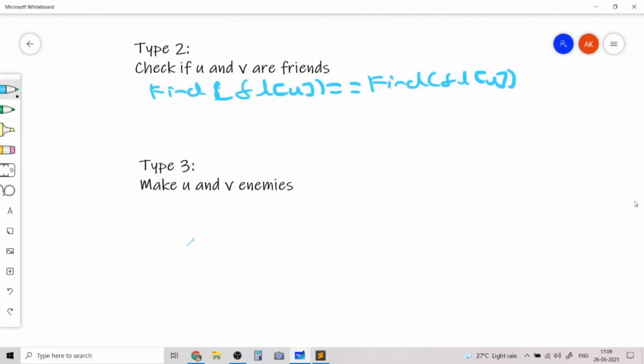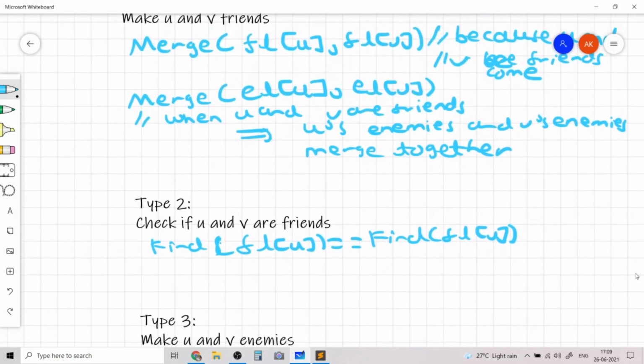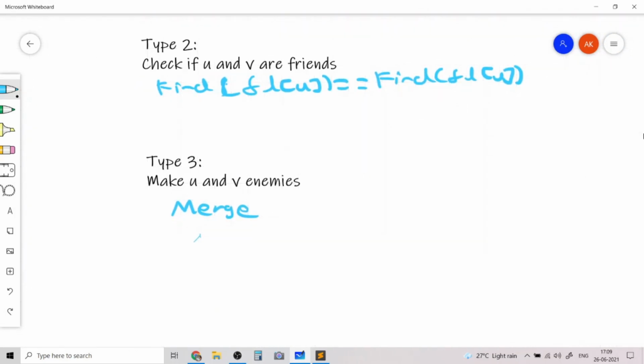So when we make U and V as enemies, we need to again perform two operations. So let's think what happens when U and V become enemies.